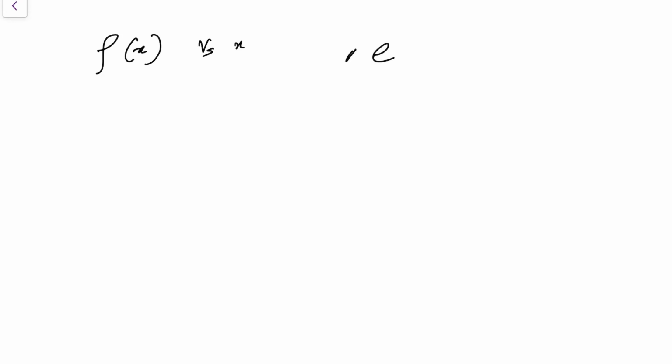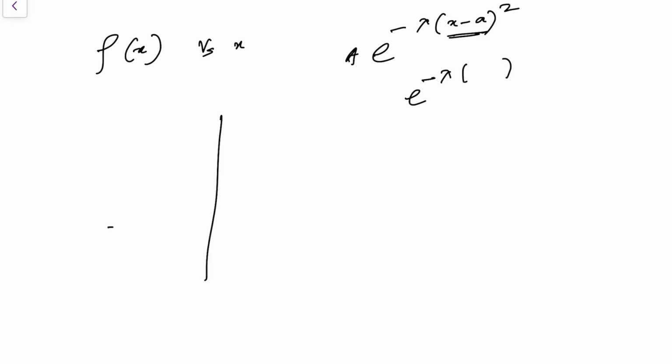So we know that rho is nothing but a e to the power minus lambda times x minus a whole square. We have got this, isn't it? Now you see, if you put any value of x, this e to the power minus anything is never going to be 0.